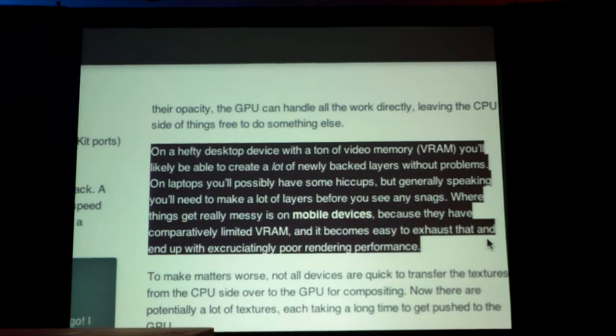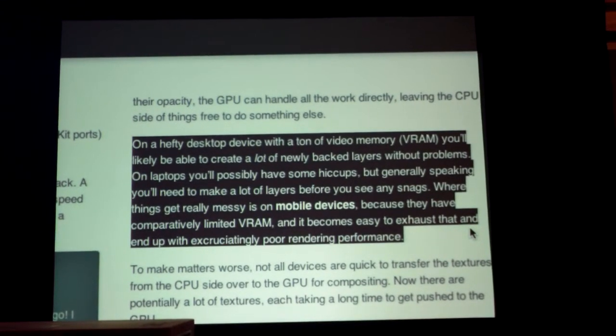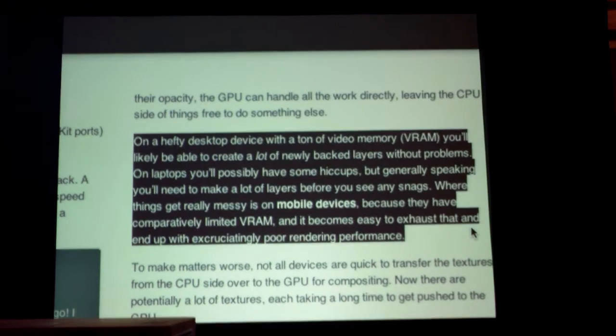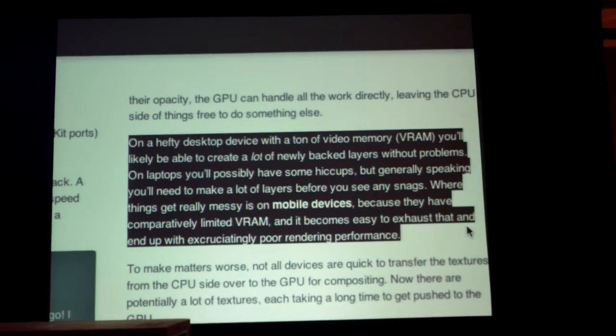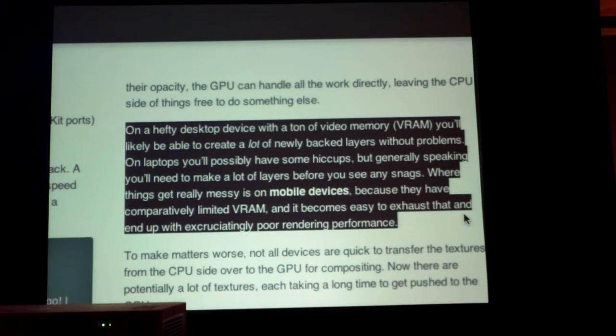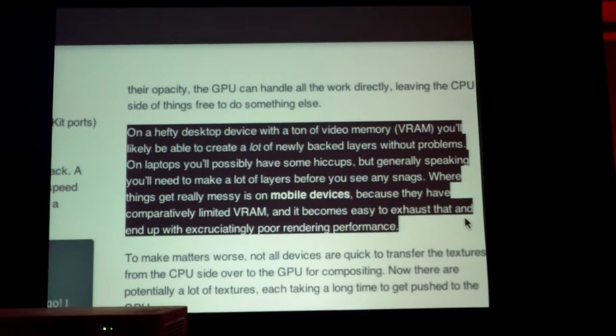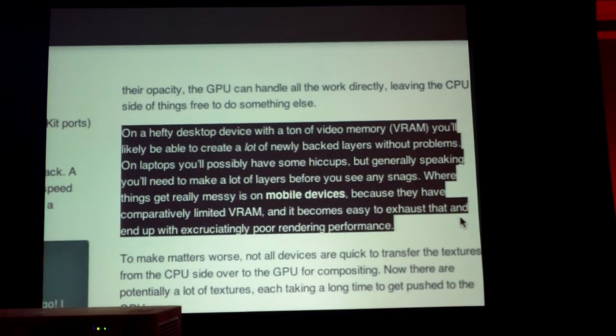On mobile devices, you have a fixed amount of memory, just like a mobile video memory, just like I was talking about before. When you say that you want to create a new layer, that layer now takes up some of that memory on mobile. And if you do that a lot, you saturate the VRAM, and that can have really bad effects.